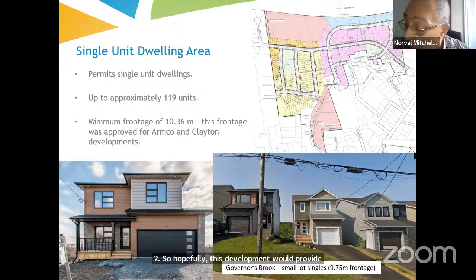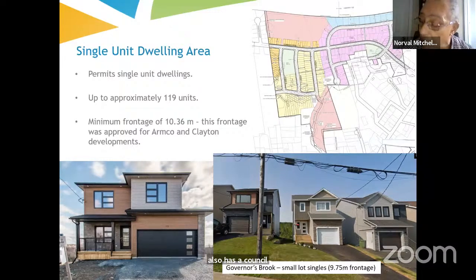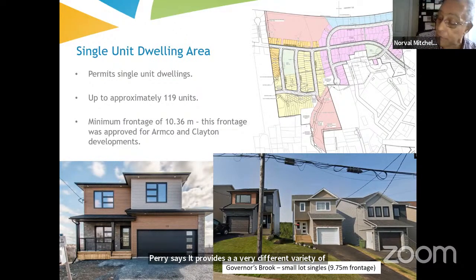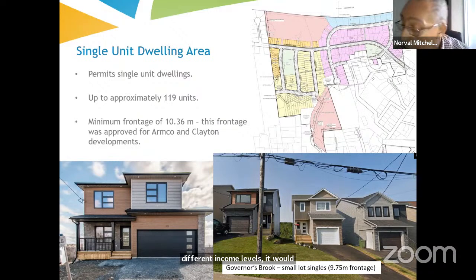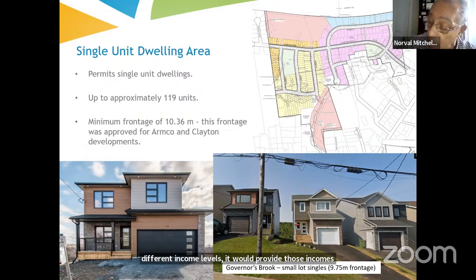It also, as Councillor Perry says, provides a very different variety of housing. And because we know that we all have different income levels, it would provide those who maybe aren't at the high end with a place that they could call home.